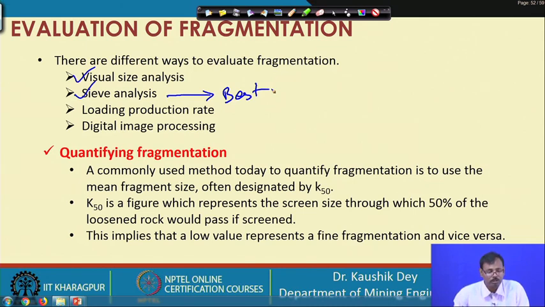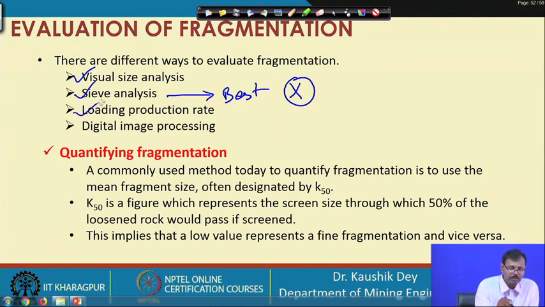Blasted fragmented rock muck cannot be sieved. So, though it is the best, practically carrying out this exercise is almost impossible, and that is why we discard sieve analysis in most blasting cases.